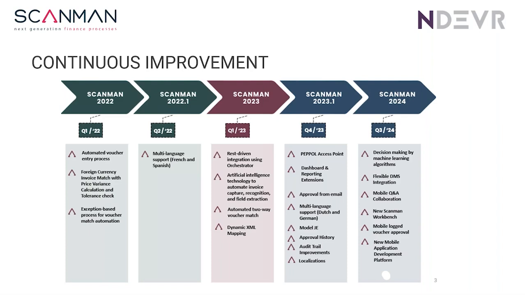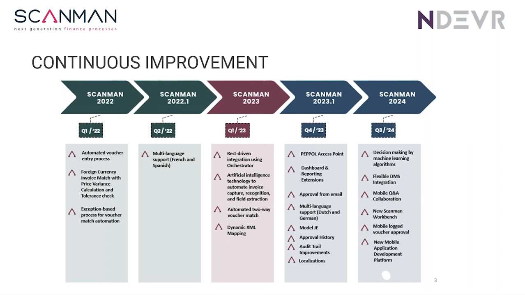And the last release was actually last quarter. What we did there is that we focused on, first of all, the two-way matching, which out of the box is not part of JD Edwards, but we have actually seen a lot of need for that in the market. So we added the two-way matching to make the two-way voucher match to the system.